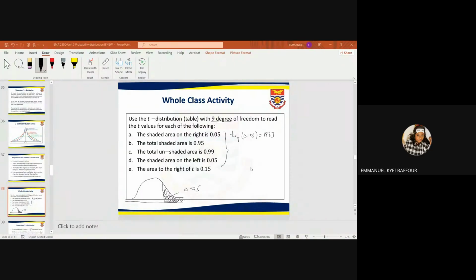So now we have to look at the situation whereby the total shaded area is 0.95.